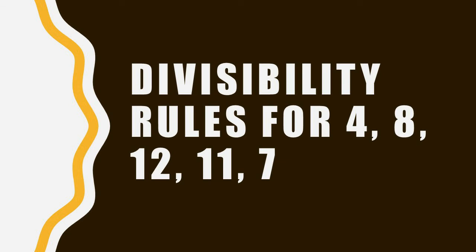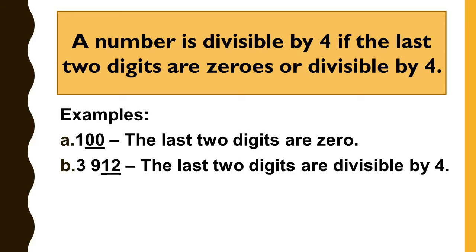Let us know the divisibility rules for 4, 8, 12, 11, and 7. A number is divisible by 4 if the last two digits are zeros or divisible by 4. For example, 100, its last two digits are zeros.